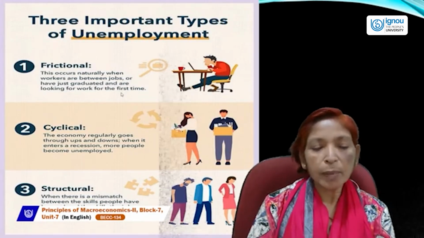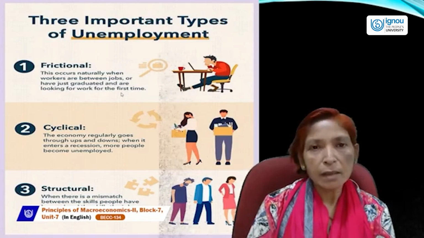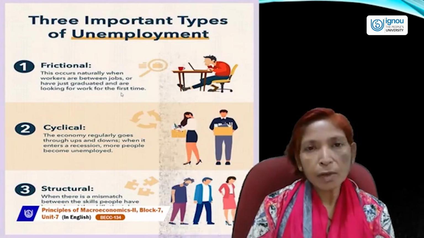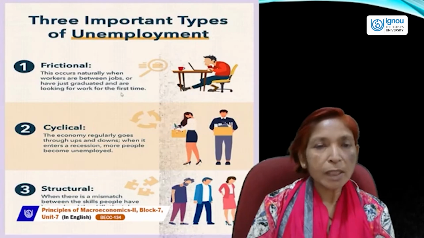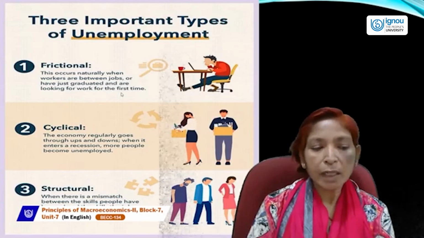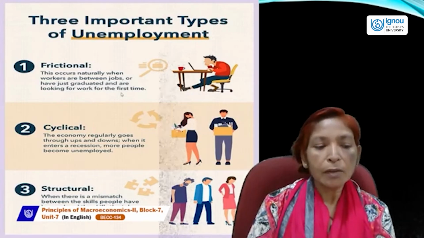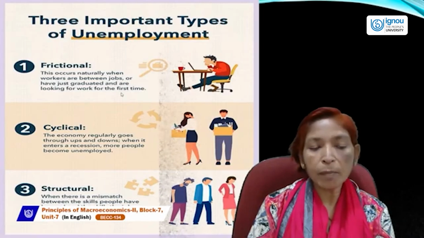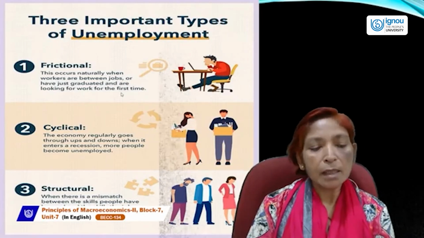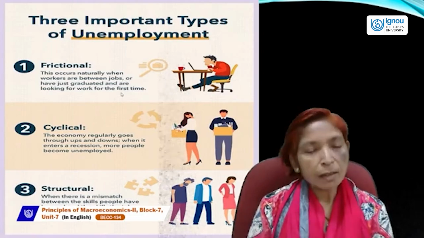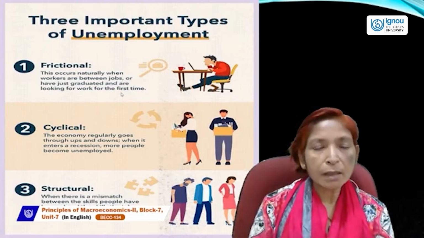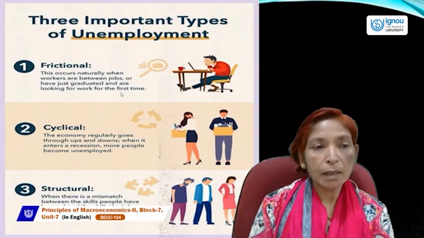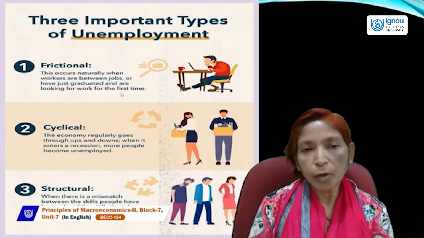It means if people are less skilled, but in the market there is more demand for skilled workers, there is a mismatch between the skills people have learned and the skills the job market requires.